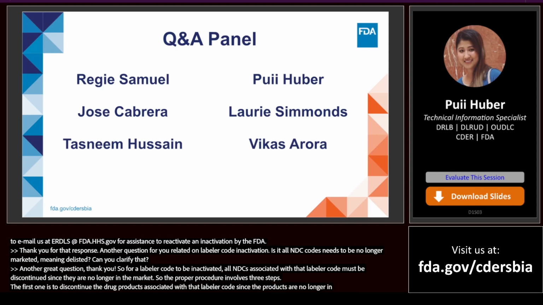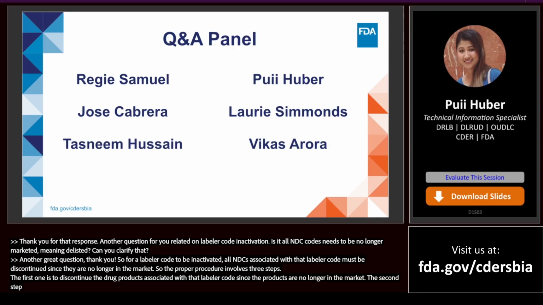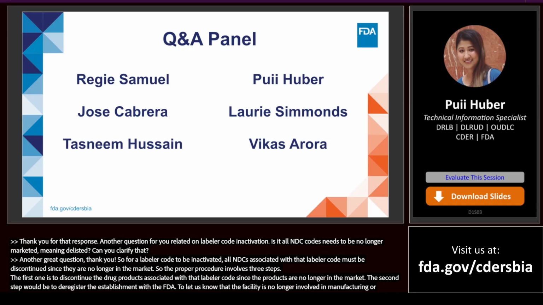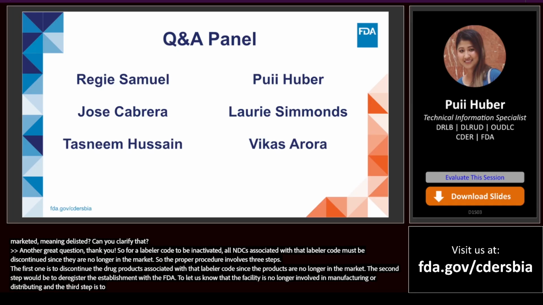The second step would be to deregister the establishment with the FDA to let us know that the facility is no longer involved in manufacturing or distributing. And the third step would be to inactivate the labeler code. This will ensure that the labeler code and the products that are listed are no longer active in our external databases. Thank you.